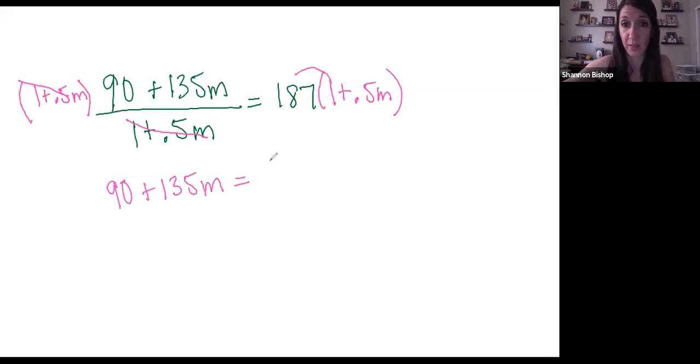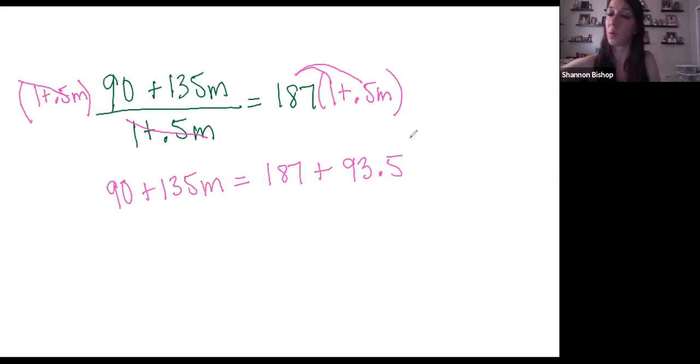So 187 times 1, and also 187 times 0.5. Let's see, what's 187 cut in half? It is 93.5, I believe. Let's do a quick fact check on that. Mental math has never been my forte. 187 times 0.5, 93.5, okay, sweet.